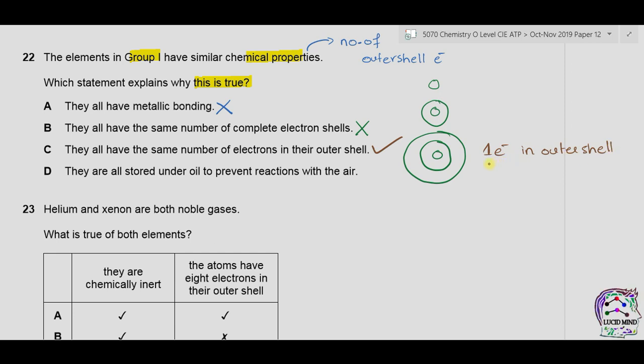As electrons are involved in chemical reactions, and the number of electrons is the same, the chemical properties will be the same. D. They are all stored under oil to prevent reactions with the air. This is a true statement, but it has nothing to do with similar chemical properties. This is because of reactivity. So D is incorrect. The correct answer is therefore C.